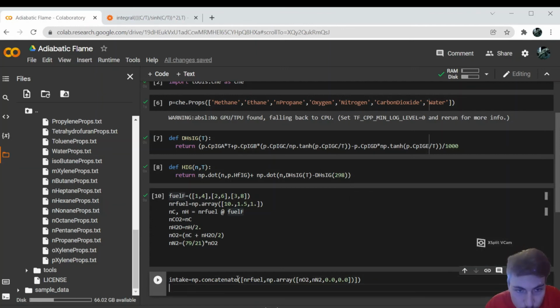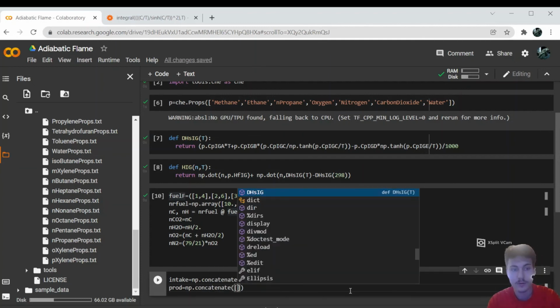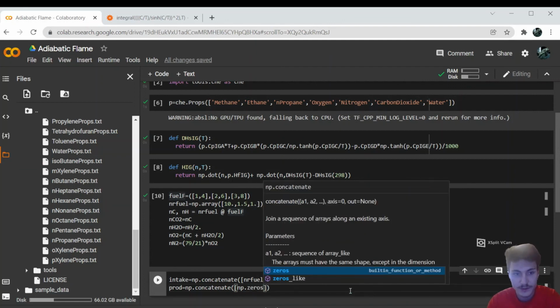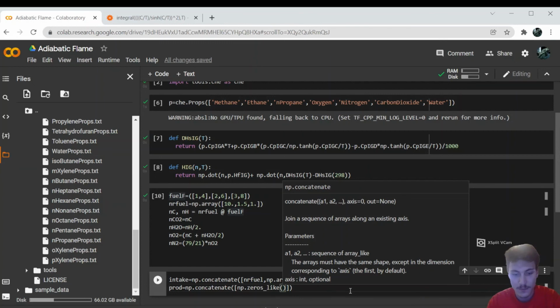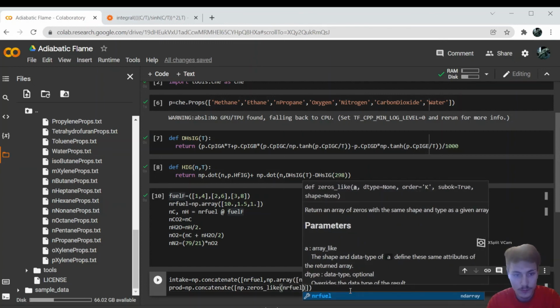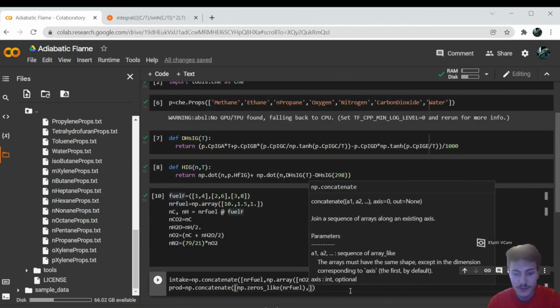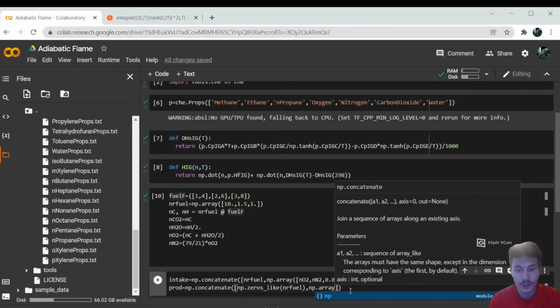And then our products, so we can just call it prod, is the same thing, so np dot concatenate, and then we have no fuel at this point, so we're just going to do np dot zeros like, and then nr fuel. And then we can do the same thing, so np dot array.